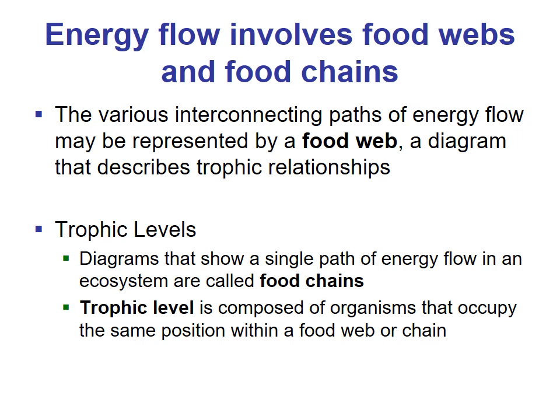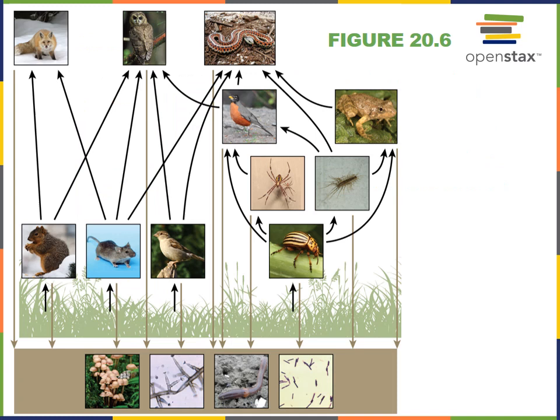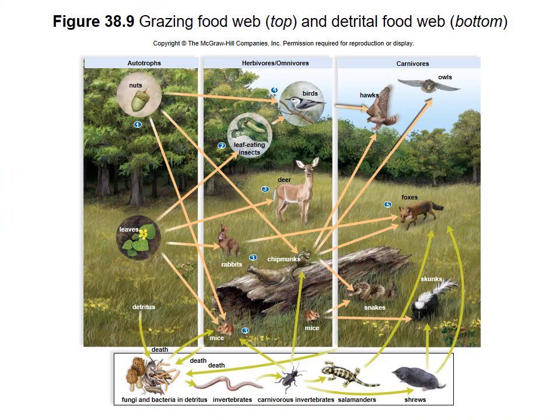So everything that is an herbivore is going to be on one level. Then your predators are going to be on different levels. This was an example of a food chain, whereas this is an example of a food web. And this is another example of a food web.